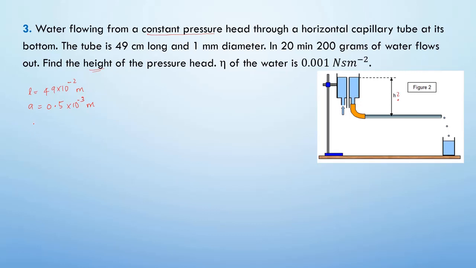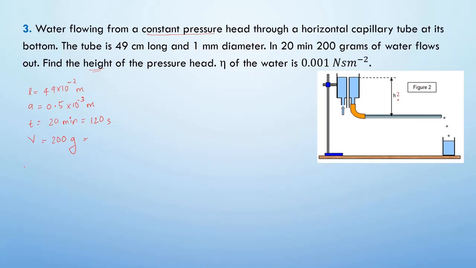And it is given that in 20 minutes, that is 1200 seconds, 200 grams of water flows out. For Poiseuille's equation, we want the volume in meter cube. So, we need to convert gram into meter cube.